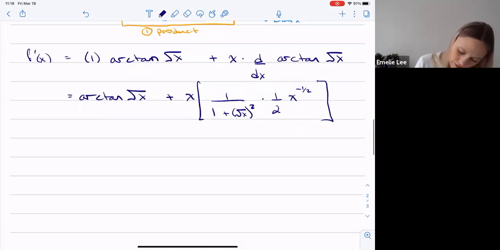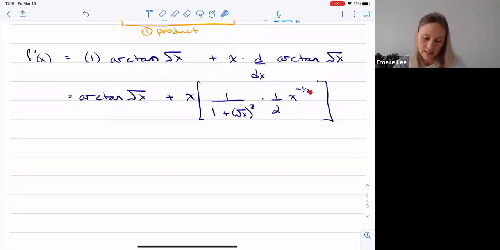Okay. So now I can simplify a little bit, right? I can bring this root x down to the denominator, remembering that I have to multiply it by 1 times x, but then I also have this x up here multiplying in, right? And so we're going to be able to cancel some of these.